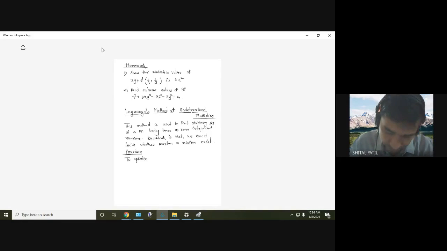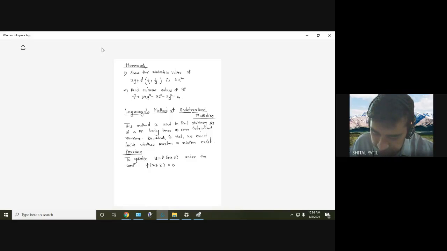Okay, so to optimize, u equal to f of x, y, z. This is the function under the condition, but some conditions are there. Under the condition phi of x, y, z equal to 0. So the function which is to be maximized or minimized is written in this form, u equal to f of x, y, z.